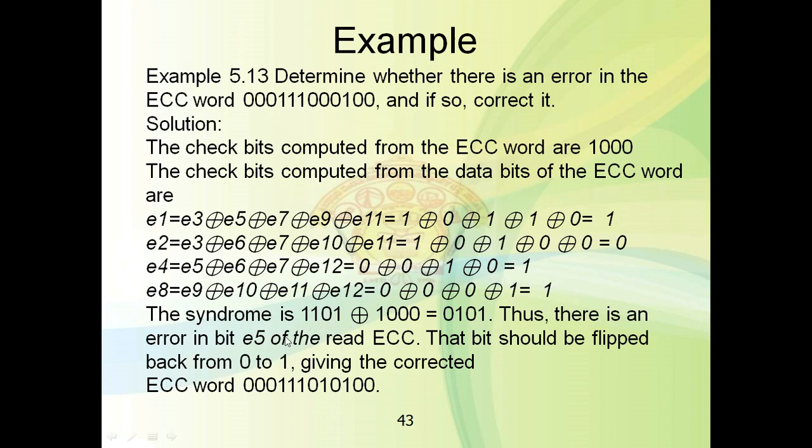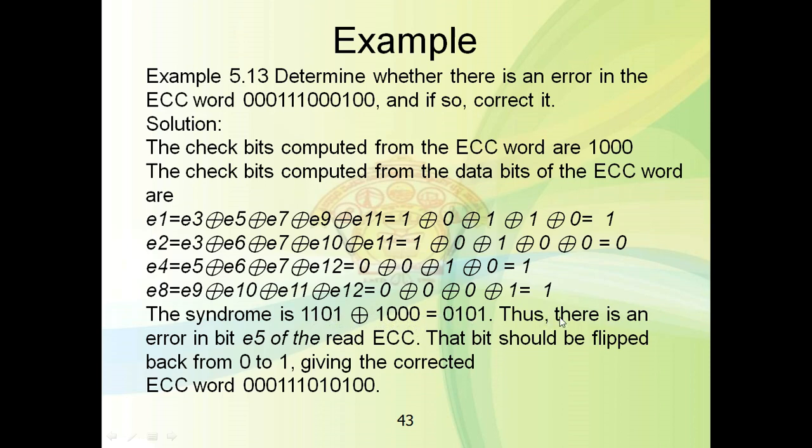So syndrome is equal to 1 1 0 1 XOR the other check bits 1 0 0 0. That is a bitwise XOR operation: 0 and 0, you will get 1 1 and 0. So 0 0 0 and 1 0 1, and 1 1 will give 0.